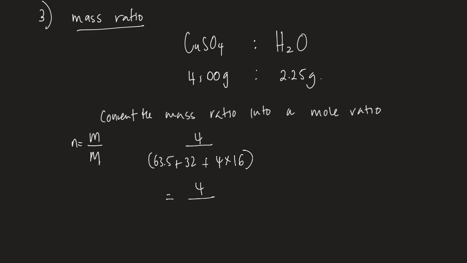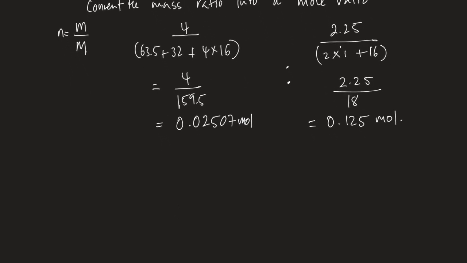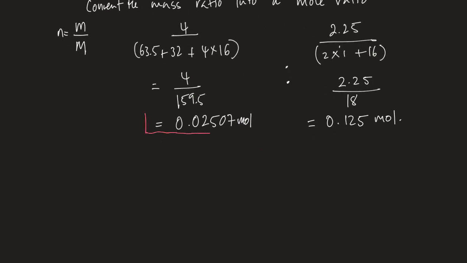It's 4 divided by 159.5, and that should give you 0.02507 moles. That is to 2.25 divided by 2 times 1 plus 16, so that's 2.25 divided by 18, and that should give you 0.125 moles. Once you've got that, you've now isolated your molar ratio between the two things.